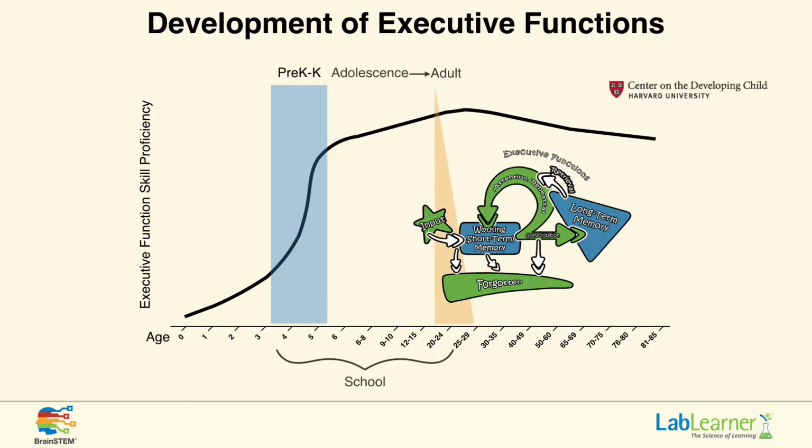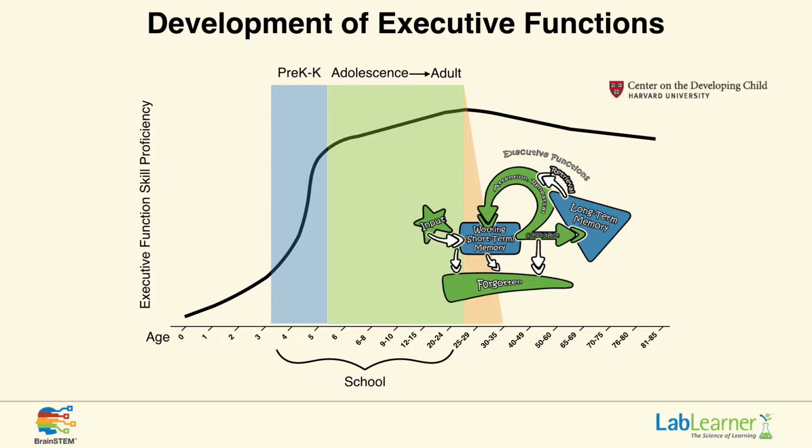From there, executive functions do increase all the way through elementary school, adolescence, all the way through to adulthood, maybe about 30 years old or so. What I've highlighted on the bottom is that pretty much the entire time that executive functions are developing in the brain, it's during the period that we are in school.